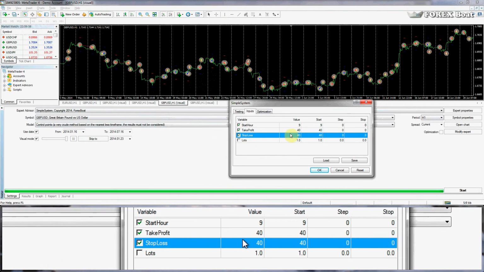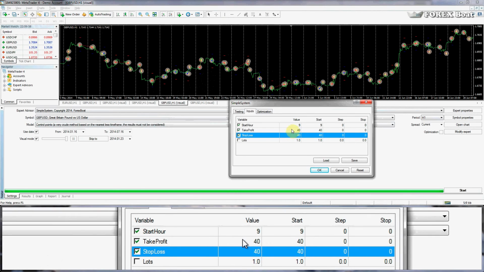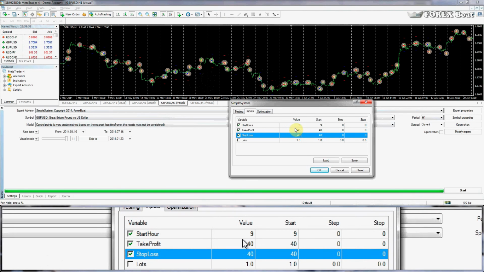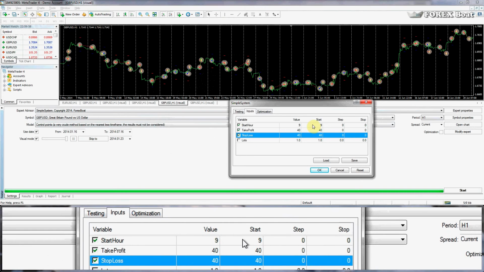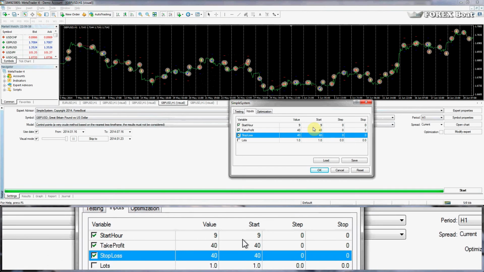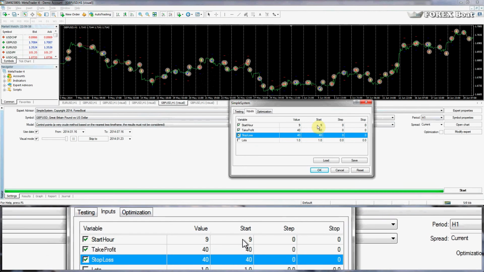That means we're going to ask the terminal to run through many iterations of this system, on the British pound dollar, all on the same time frame and the same period of time, and see which one's the best.